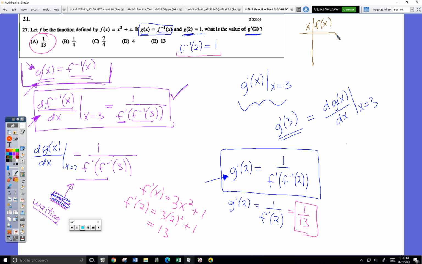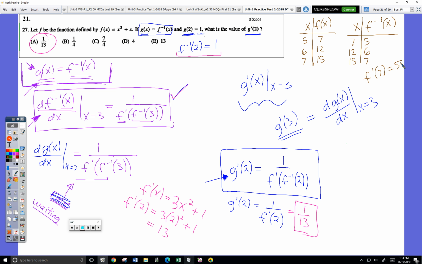Like f of 5 is 7, f of 6 is 12, f of 7 is 15. Then you would also have values of f inverse. Maddie, what would the values of f inverse be? 7 goes to 5, 12 goes to 6, 15 goes to 7.